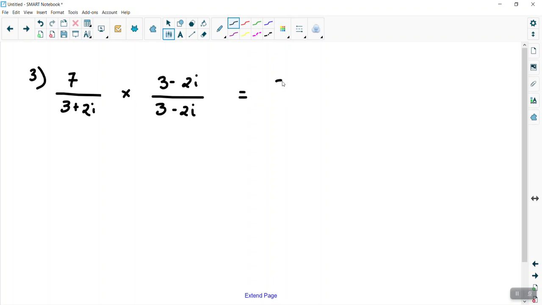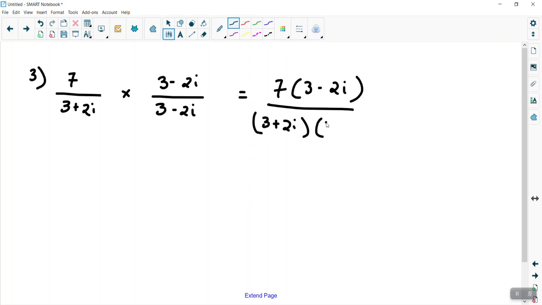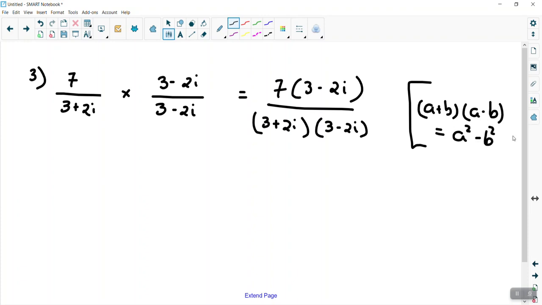So proceeding, we get in the bracket 7 times 3 minus 2i over 3 plus 2i in one bracket, and the other bracket 3 minus 2i. Now this requires us to remember one algebraic identity, a plus b times a minus b is equal to a squared minus b squared.